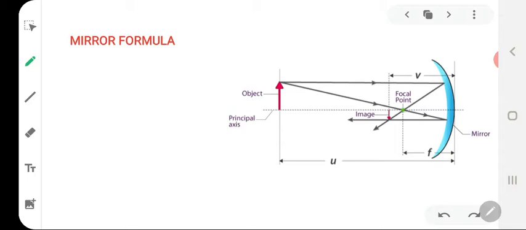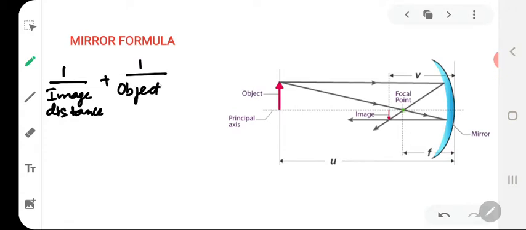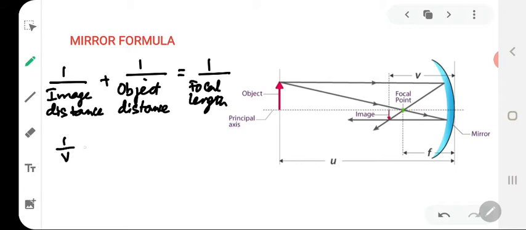So, we can write down the mirror formula as 1 by image distance plus 1 by object distance equal to 1 by focal length. Symbolically, 1 by V plus 1 by U is equal to 1 by F.